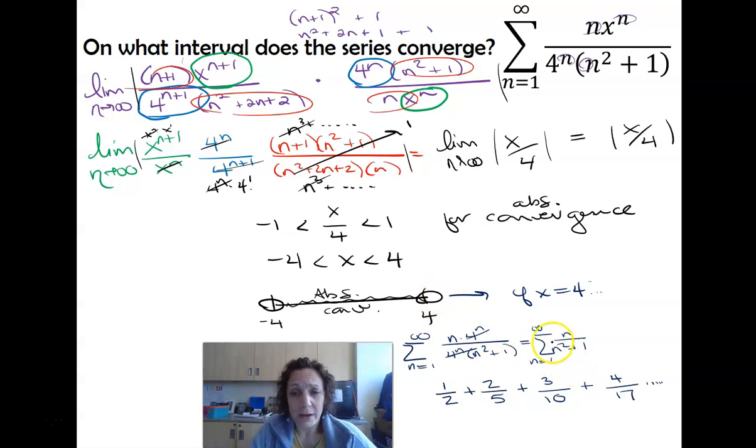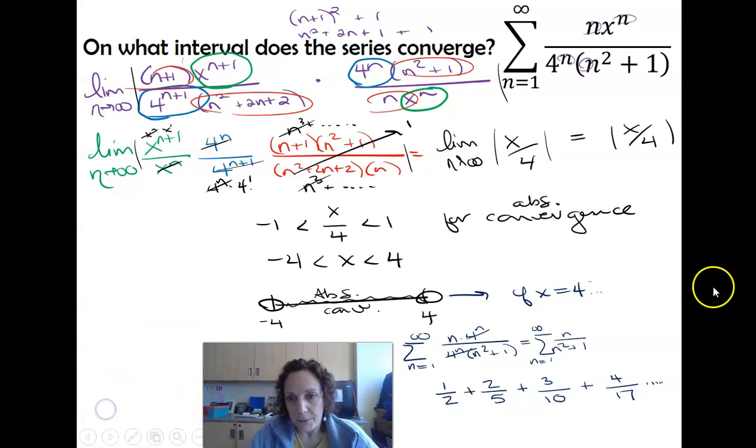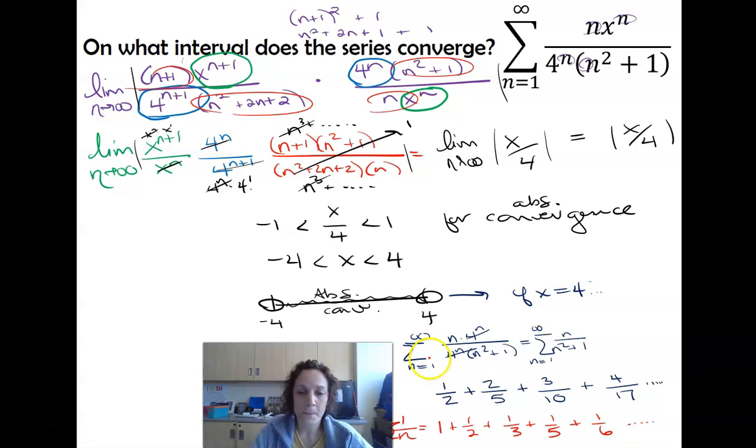I'm trying to think of what I can compare this to. If I took this plus 1 out of here, this would very quickly reduce to 1 over n. So I'm going to try to compare this to 1 over n, because I know 1 over n diverges. The series 1 over n gives me the terms 1 plus 1/2 plus 1/3 plus 1/5 plus 1/6, and so on.